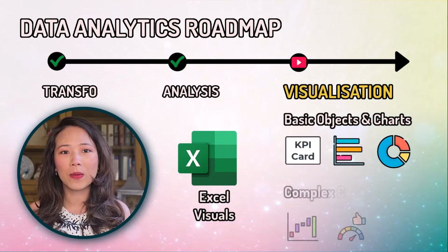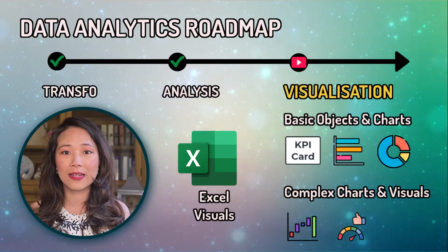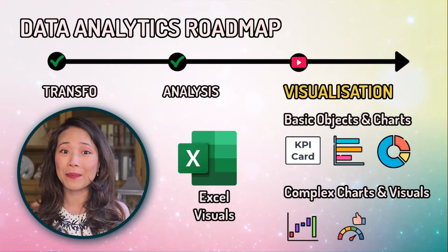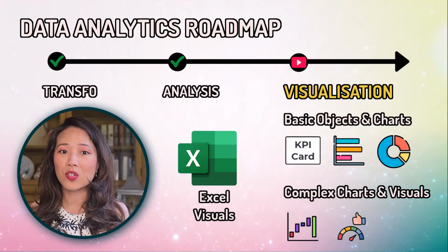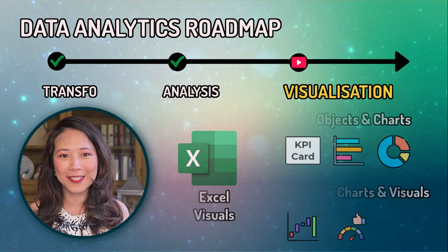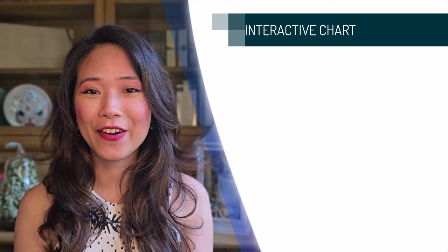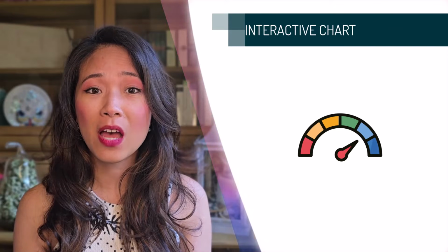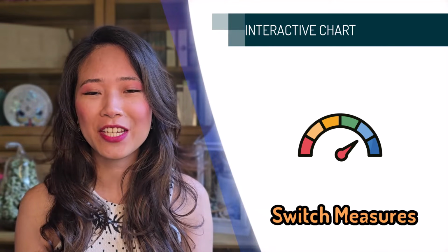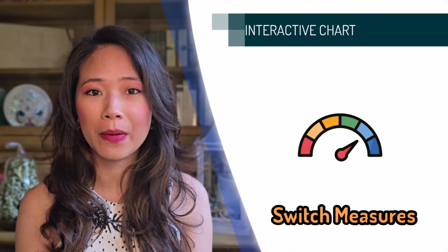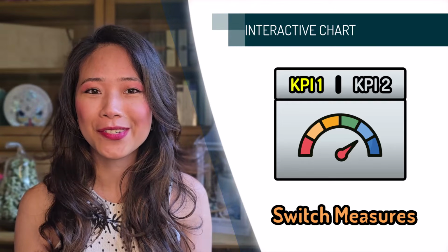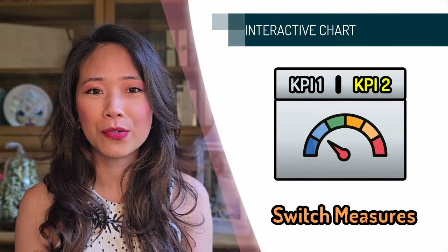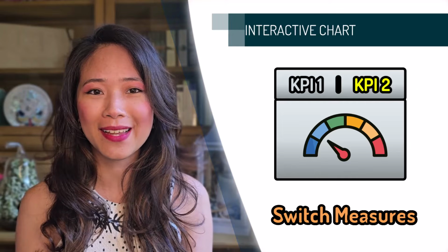Then we stepped it up with more complex advanced charts like a waterfall chart and a custom-built gauge chart to track performance against targets. In today's episode, we're adding another exciting layer of interactivity to our gauge chart. I'll show you a powerful advanced trick that lets users switch between different measures using a slicer, giving you one visual that delivers multiple insights.